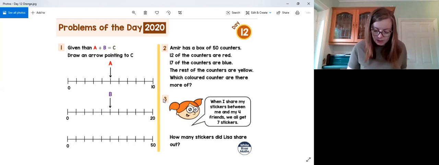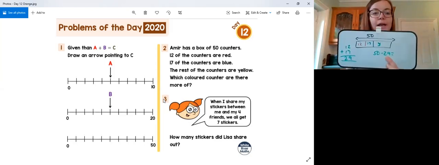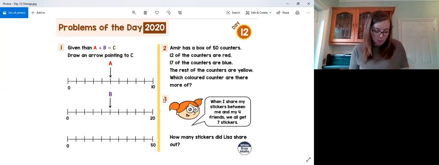But I want us to count up rather than to do it in column subtraction. So we're going to start at our 29 and go to our next 10. So how many do we add to 29 to get to 30? That's right, just 1. And then how many do we add to 30 to get to 50? That's it, it's 2 hops of 10.